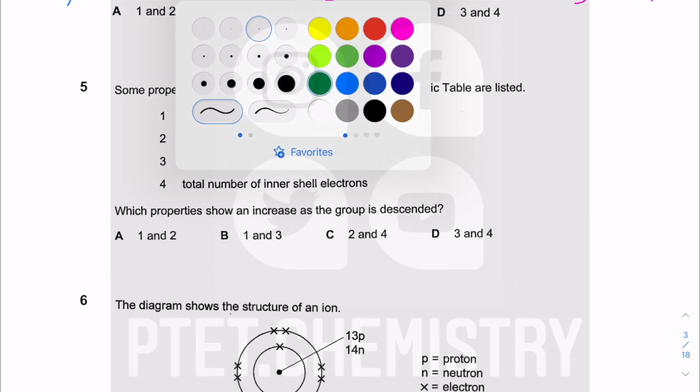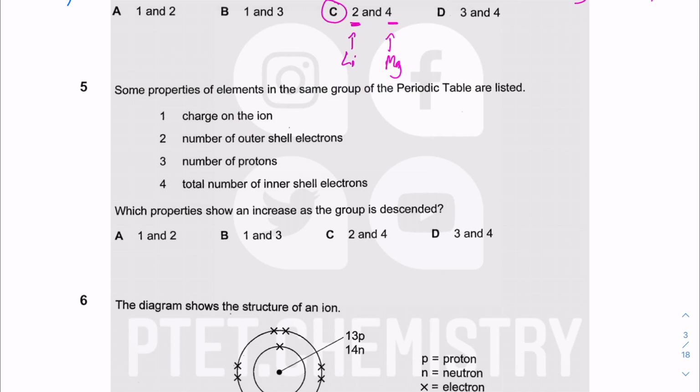Question 5. So some properties are elements in the same group. So you know same group means same number of valence electron. This is stated in the syllabus very, very clearly, and they have all been tested many, many times in your checkpoint questions, in your exercises, which you did corrections of before you did the topical test, which again you did corrections of before you sit for this test. Okay, and you have charges on the ions. That is correct.